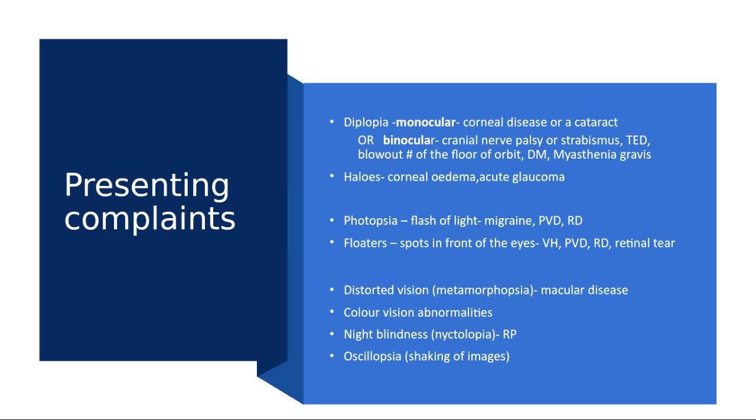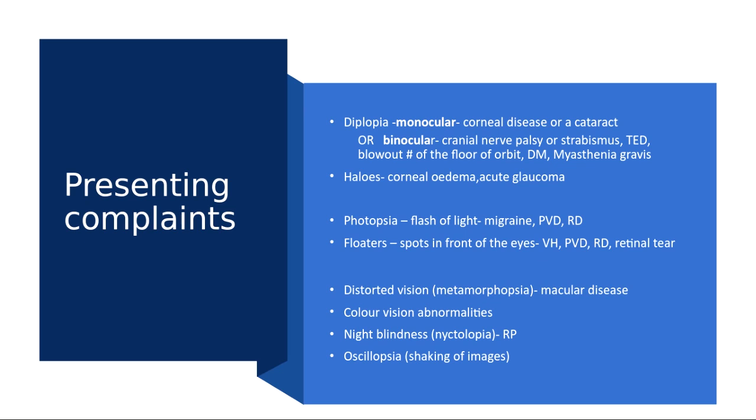We can see that in migraines, but when we get patients who complain of photopsia, we have to examine the posterior segment, because it can be a sign of a retinal tear or a retinal detachment. Also floaters, and photopsia and floaters often go hand in hand. So patients often come in saying, I'm seeing lights flashing, and I'm seeing spots in front of my eyes.